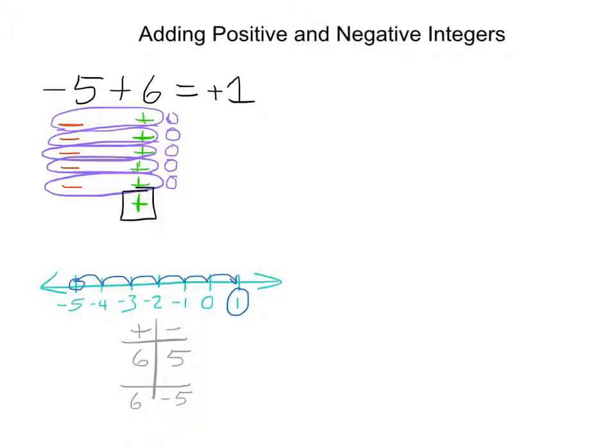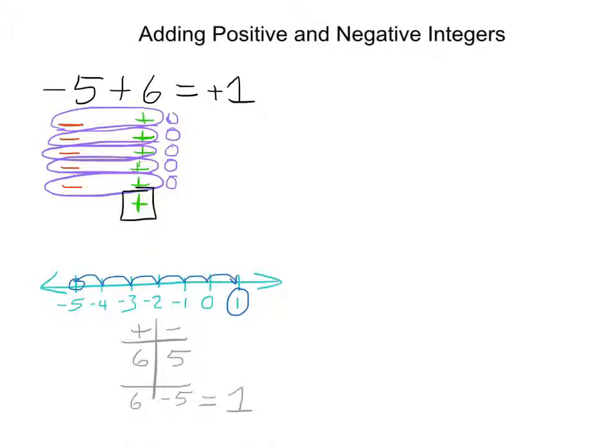So as long as you have it written where you have your positives on the left and your negatives on the right, then you can just read it as a subtraction problem, 6 minus 5. And you just subtract those two numbers. So 6 minus 5 would be positive 1, which is again the answer that we got when we started.